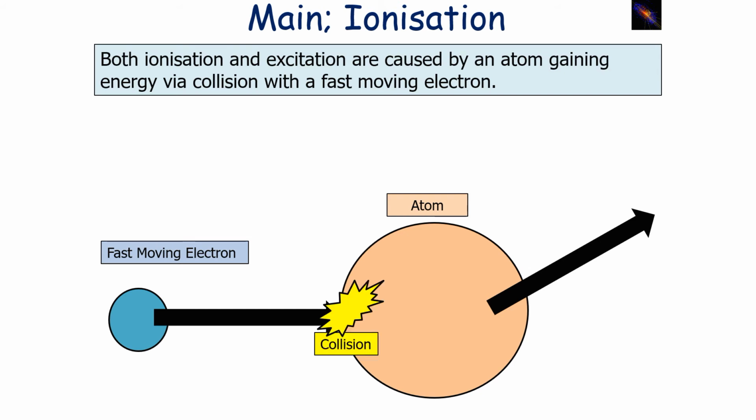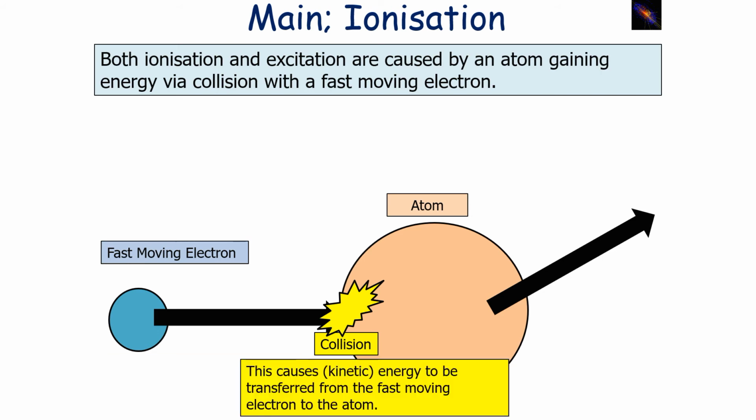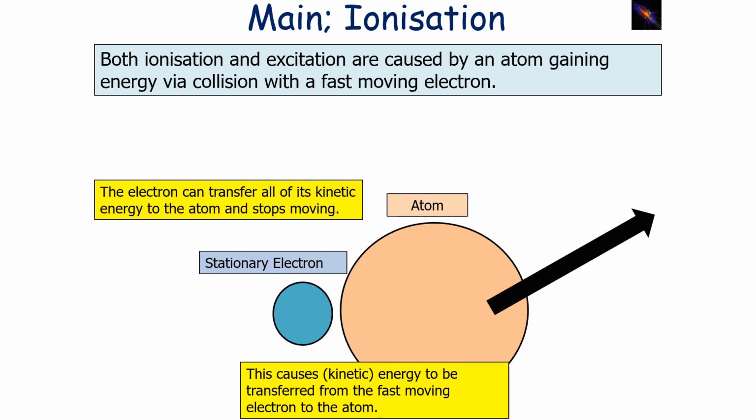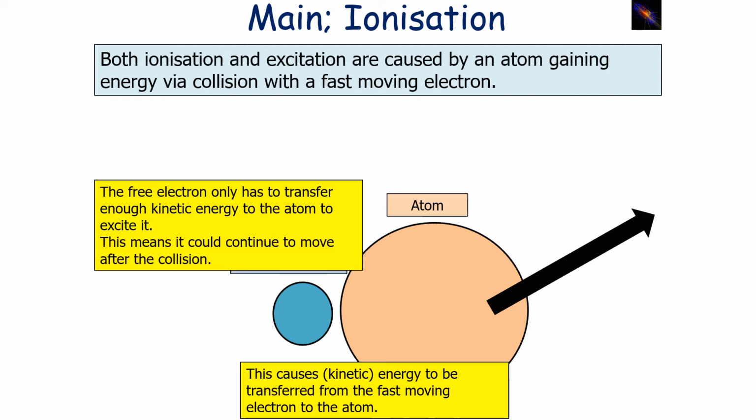When they have a collision, this fast-moving electron is moving in an electrical current, and this collision causes energy to be transferred from this fast-moving electron to the atom. Now, the electron can transfer all of its kinetic energy to the atom and stop moving and become stationary. But the free electron only actually has to transfer enough energy to the atom to excite it. So this means it could actually continue to move after the collision.